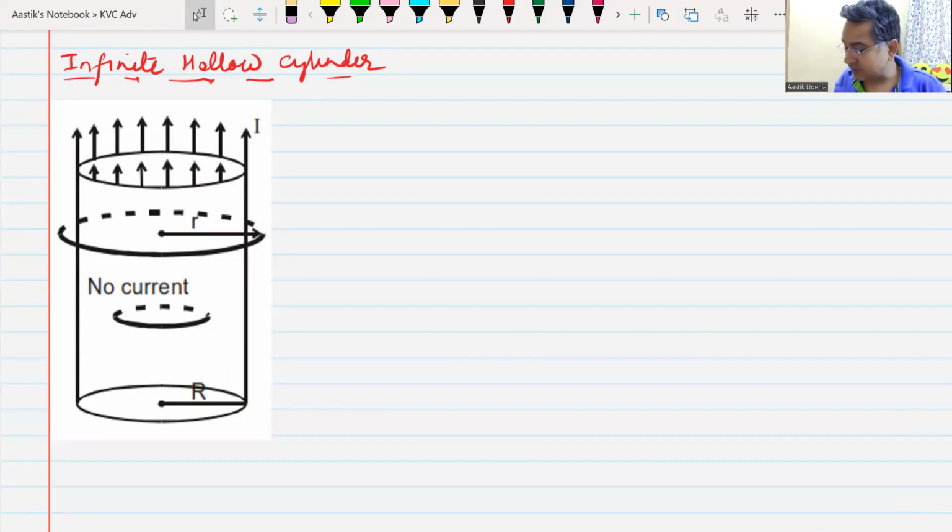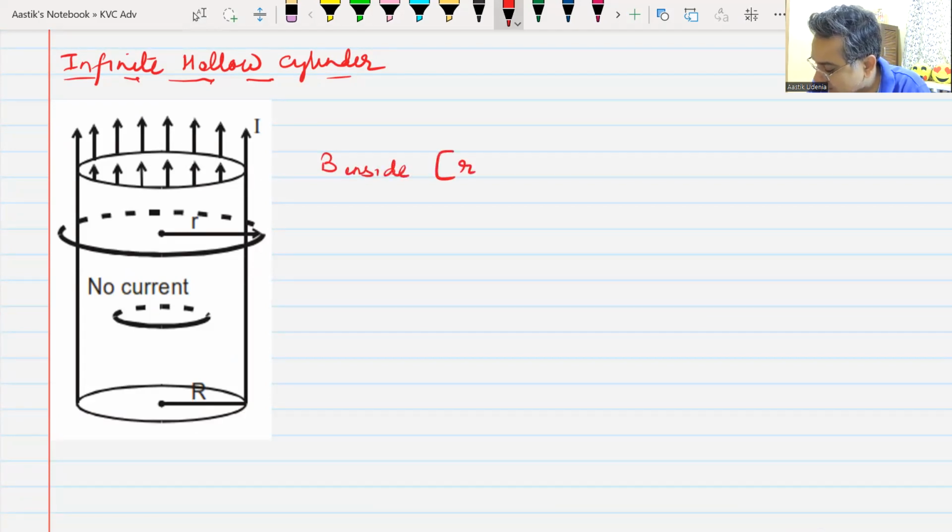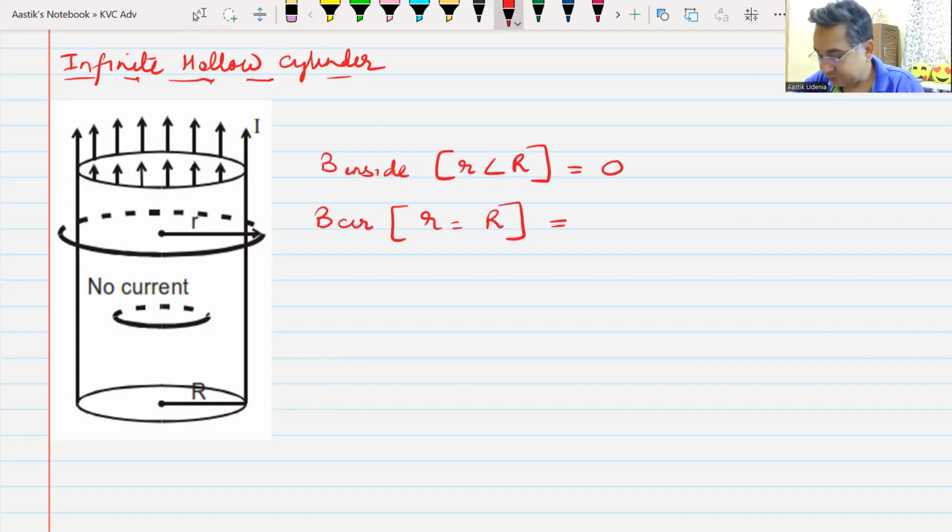Magnetic field at any point inside, that means your distance r is less than your radius capital R. How much will be the magnetic field at any point inside this? 0. Magnetic field on the surface.